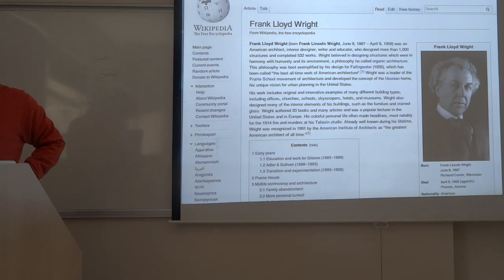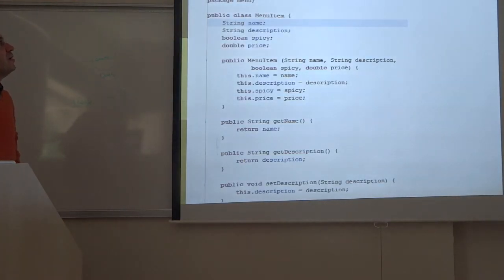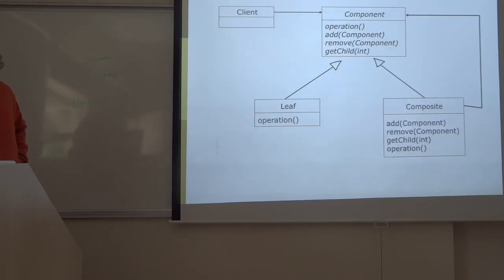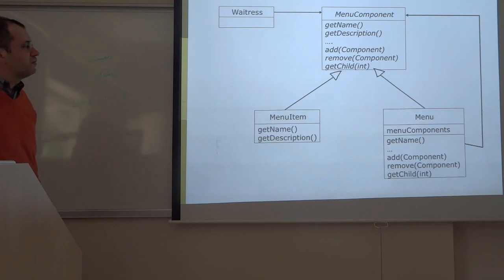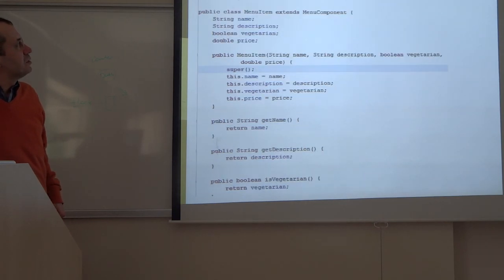I found it. That was the one. Menu items. Yeah, this is the one. Composite pattern, that was. So in this one, what we had, let me see. This is the menu component.